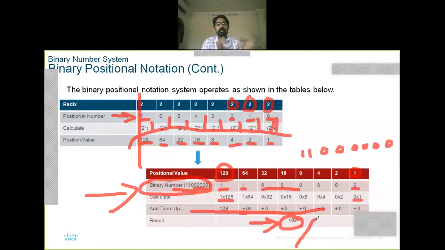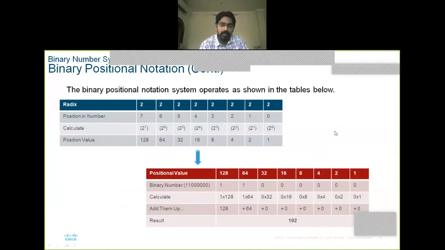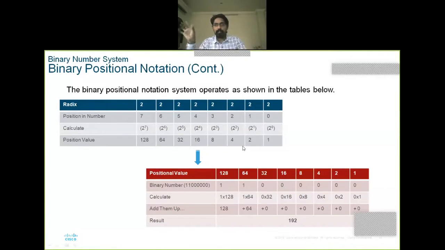Like this, we have to convert our binary number into decimals, right? This is the table. Using this kind of table, you can convert whatever number you want. For example, I want to convert the value 0 0 0 0 0 0 1 1, right? What is the decimal value? 0 into 1, 0 into 2, 1 into 1 is 1, 1 into 2 is 2.